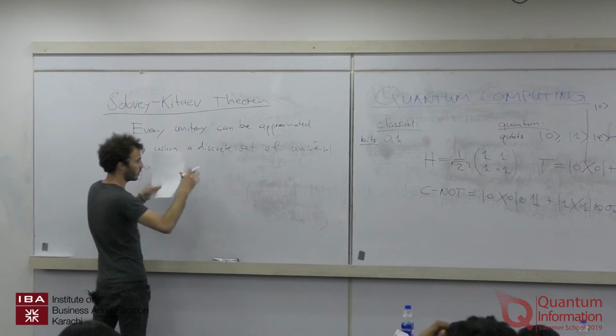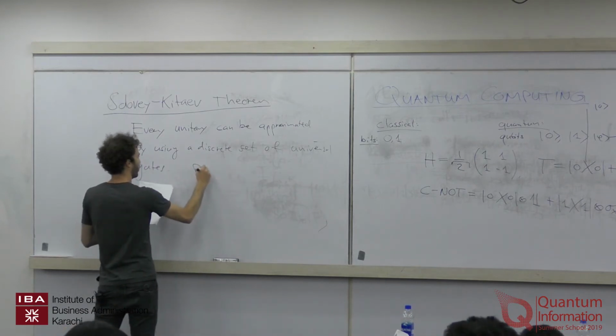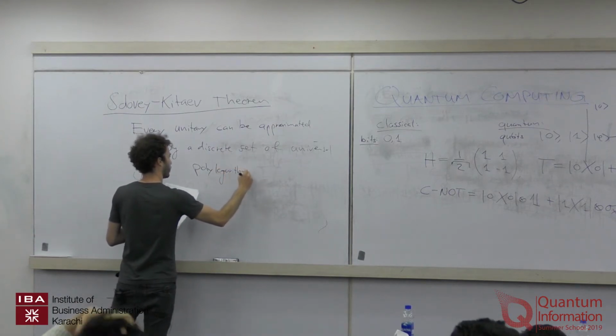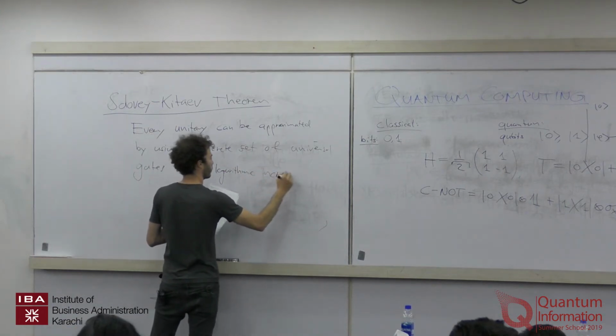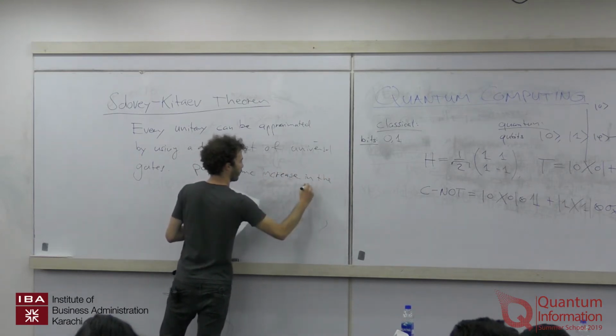And if we translate one set of gates to another one, we have a polylogarithmic increase in the size, or in the length.